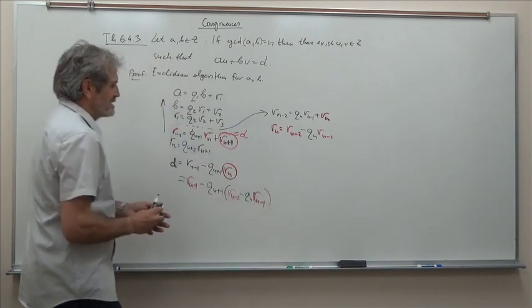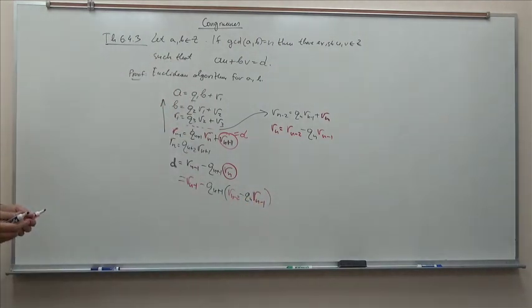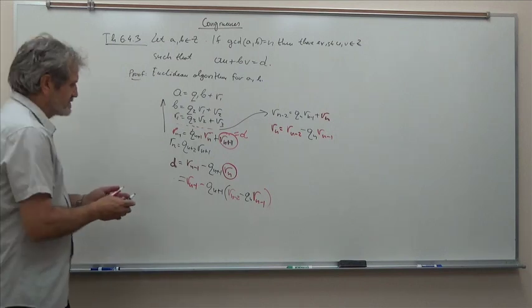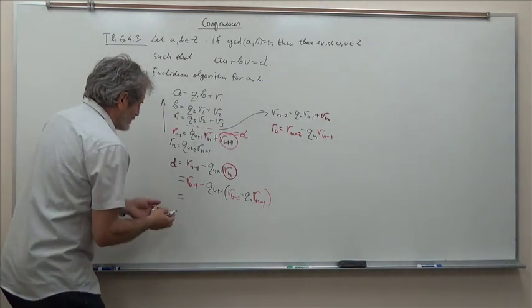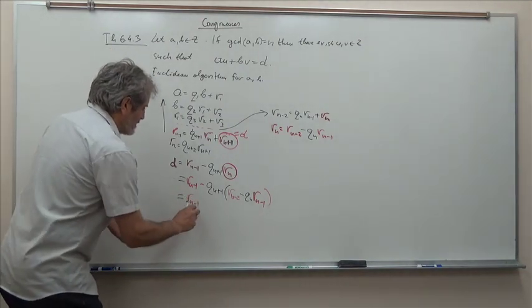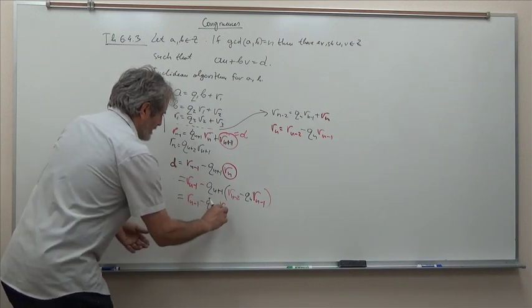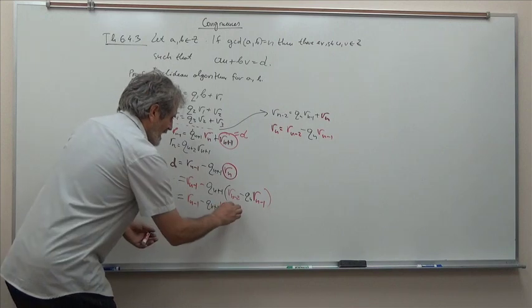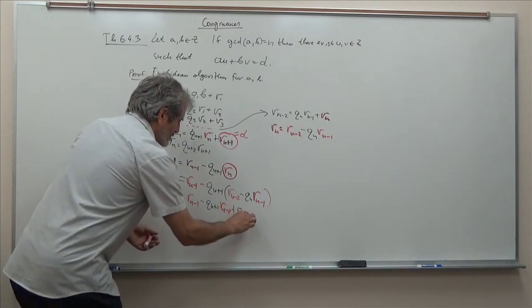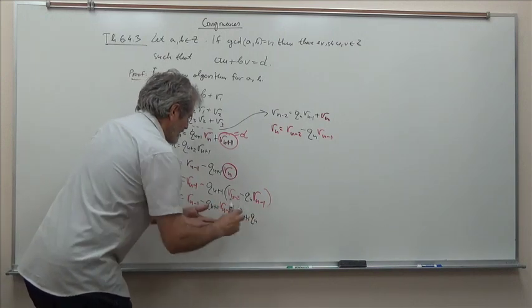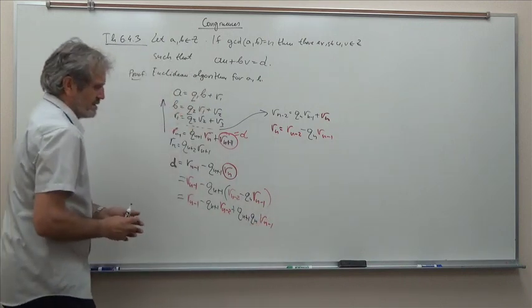Never execute multiplication on the R's, on those red ones. Do all the calculations with coefficients, but not with vectors. So it's Rn-1 minus Qn+1 Rn-2, plus Qn+1 Qn Rn-1.